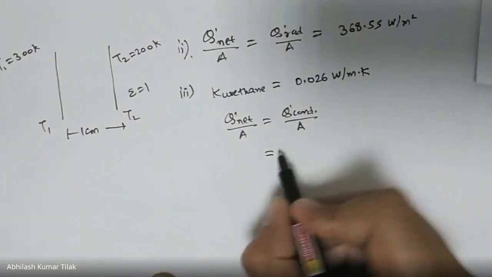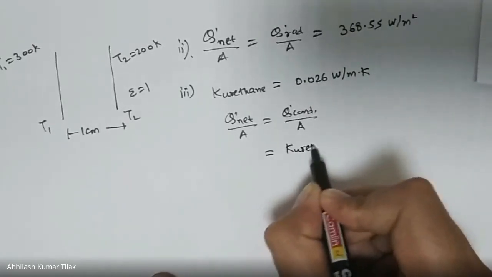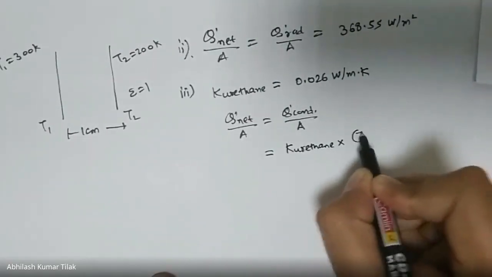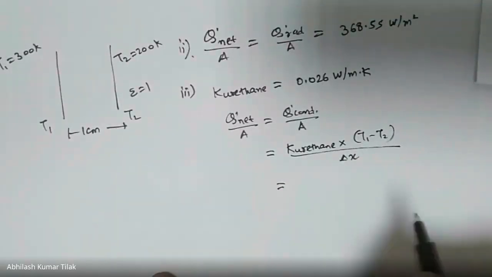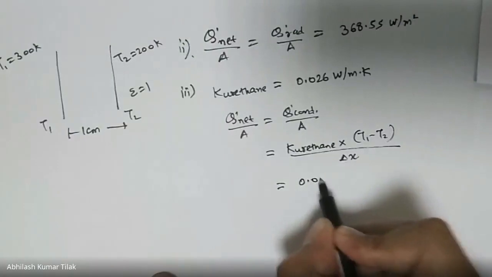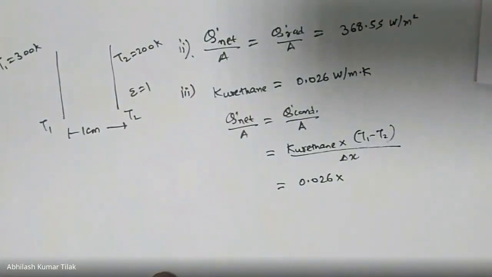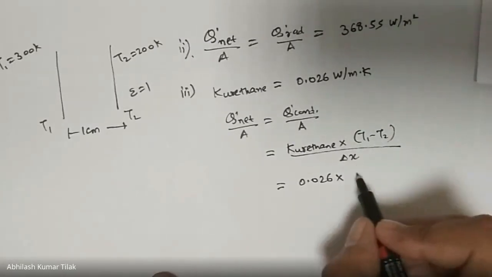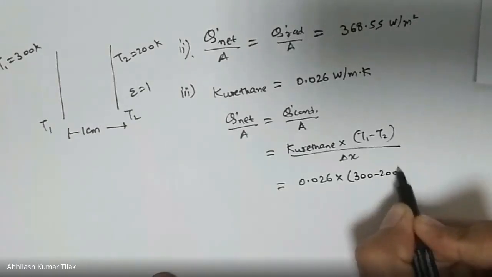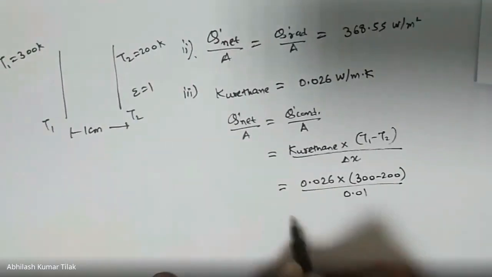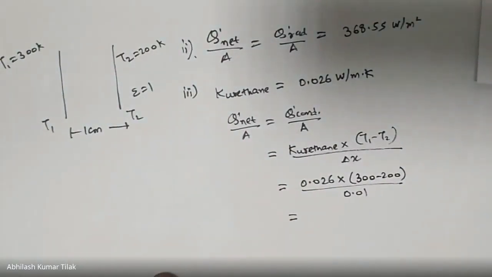This would be K of urethane into T1 minus T2 upon delta X. You can put the value 0.026 into T1 minus T2, that is 300 minus 200, by 0.01. So you will be getting the value here as 260 watt per meter square.